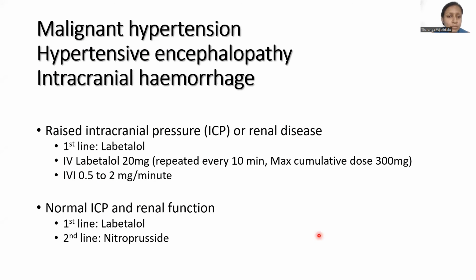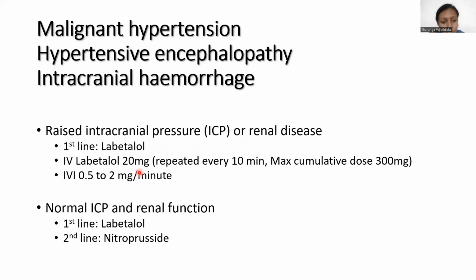Right. So if your patient has malignant hypertension, hypertensive encephalopathy, or intracranial hemorrhage, if we are thinking there is raised intracranial pressure or a renal disease, first line of treatment is labetalol.